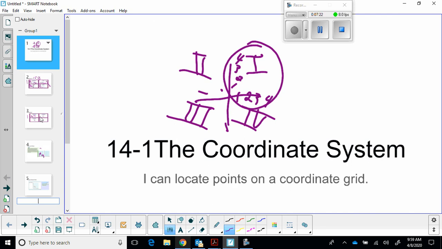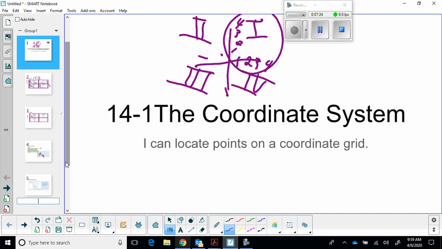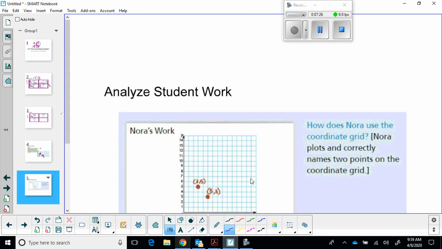That's what you need to make sure you do today. If you see a point, you're probably going to be writing down the ordered pair of each of the points, because that's how we locate points, by saying the ordered pair.